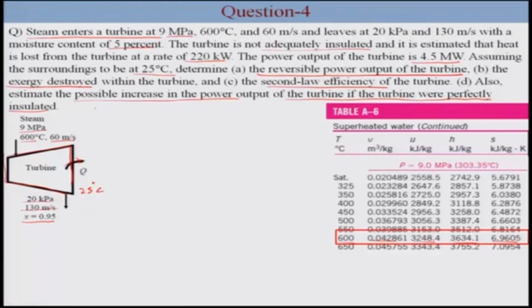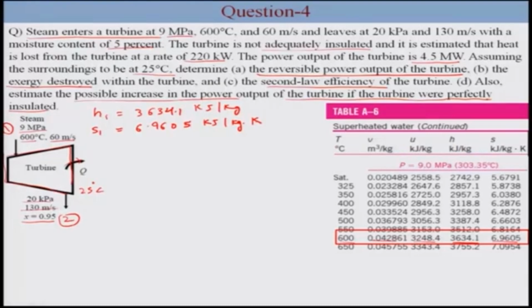So H1 is equal to 3634.1 from this table, kilojoule per kg. S1 is equal to 6.9605 kilojoule per kg Kelvin.